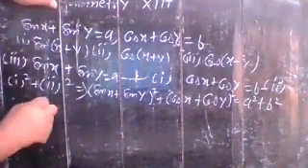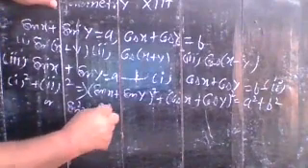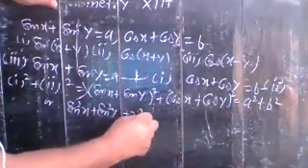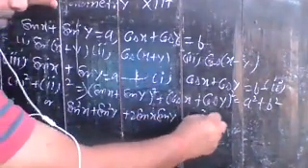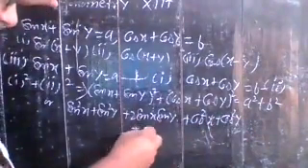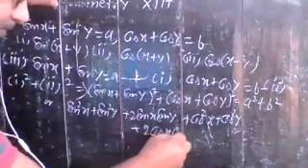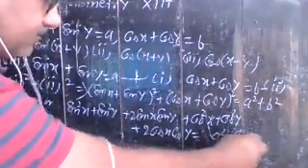Now squaring, you have sin square x plus sin square y plus 2 sin x sin y plus cos square x plus cos square y plus 2 cos x cos y is equal to a square plus b square.